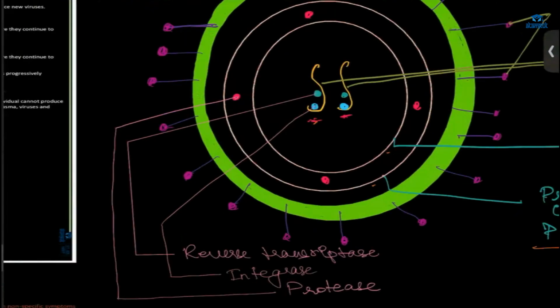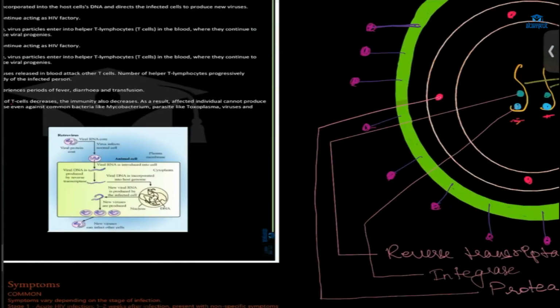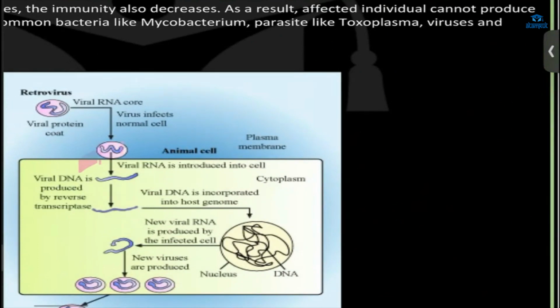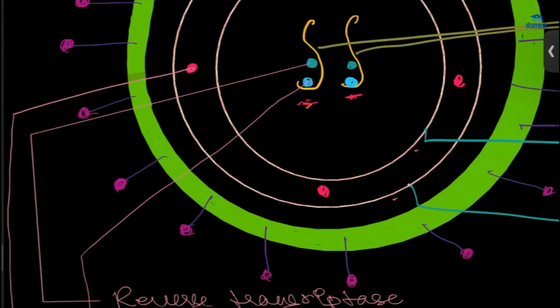Now, what is the work of these enzymes? First, protease. When the virus comes into the animal cell, it has these layers, all of which should break down.